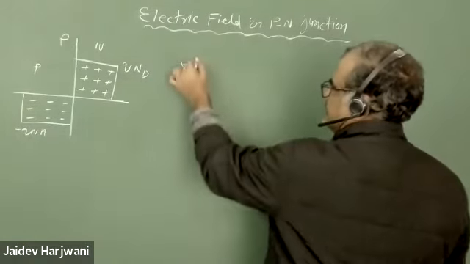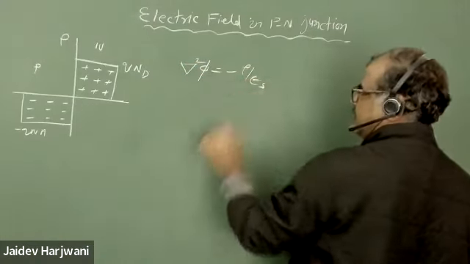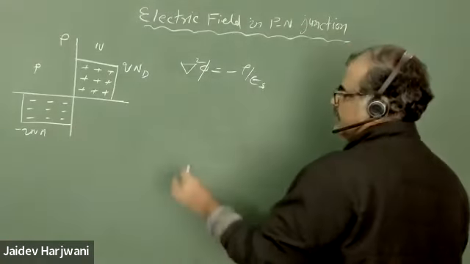So I have this charge profile here, and I told you if I want to solve for the electric field, I need to solve the Poisson equation, which is nothing but minus rho upon epsilon_s, where epsilon_s is the permittivity of the semiconductor.